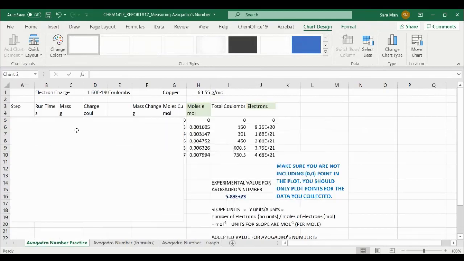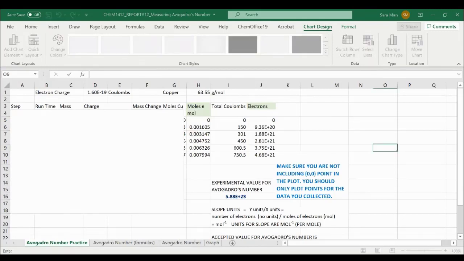Now that you have that empty box, you click on select data, you click on add data, series name. Well, the series name will be the name of the graph, so you can write Avogadro's number. Very good.